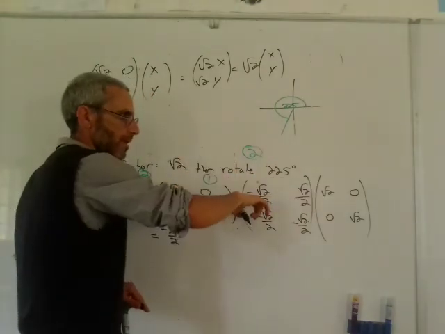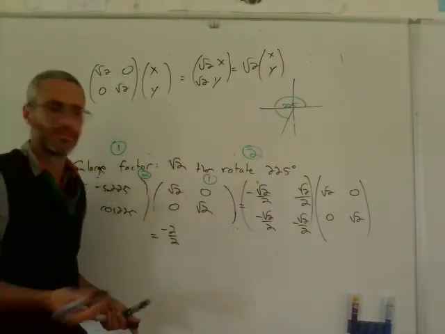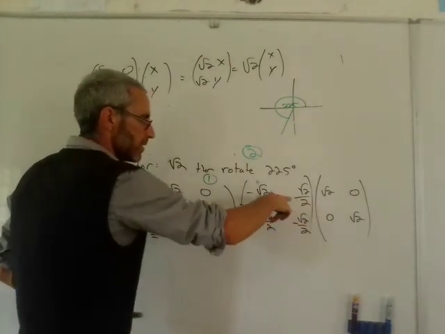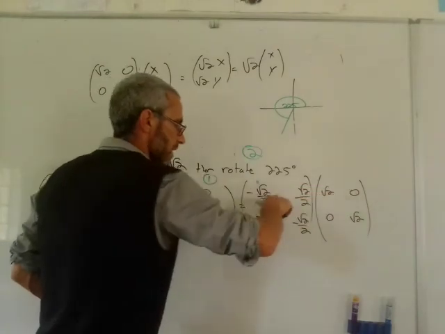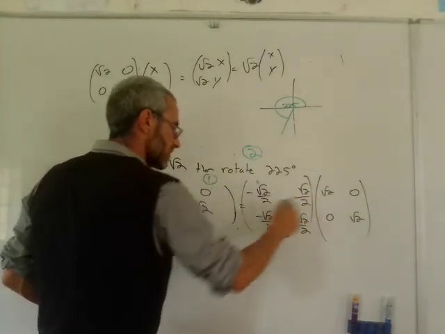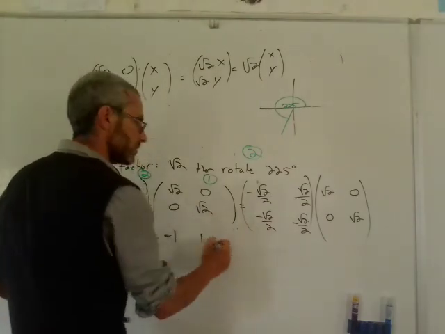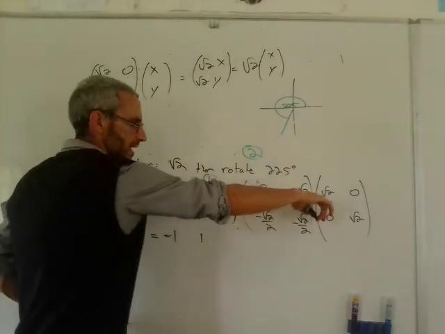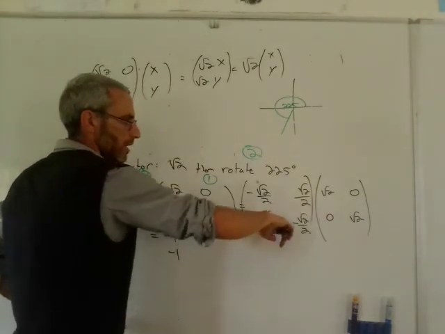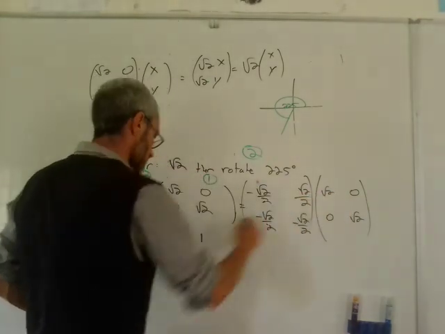So it's minus 1. That times that is 0. That times 0 is 0. That times that is positive 1. That times that is minus 1, plus 0, and then that times that is minus 1.